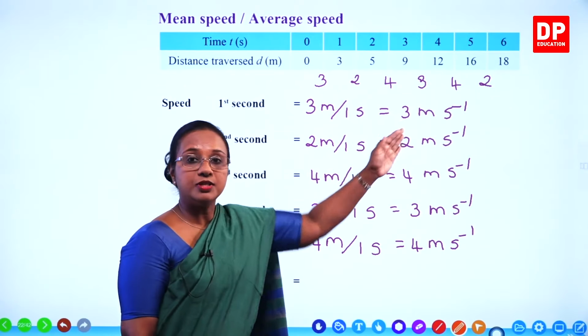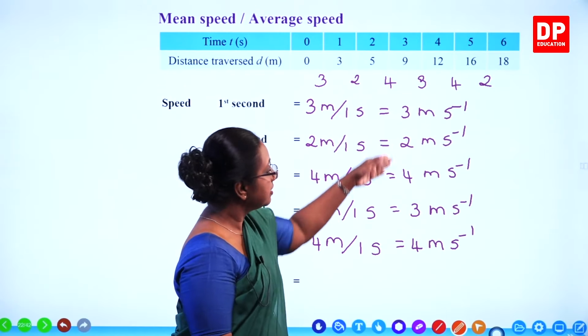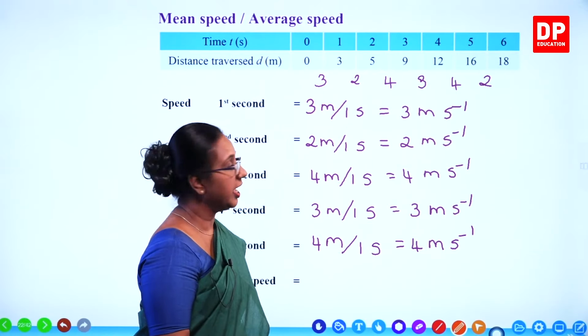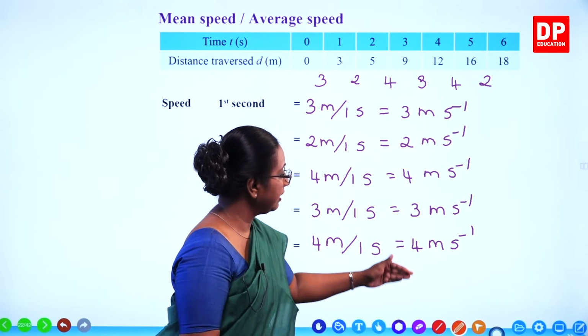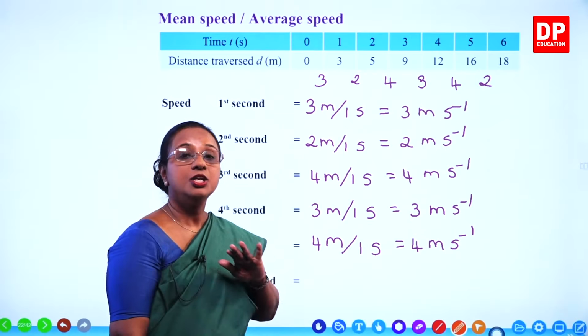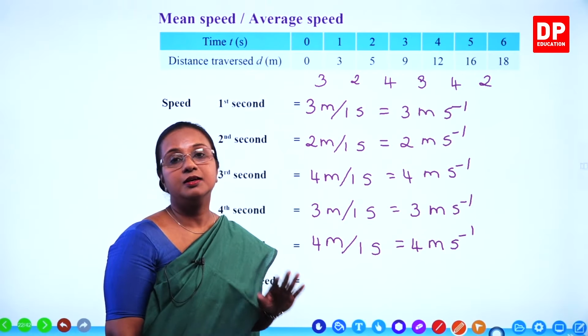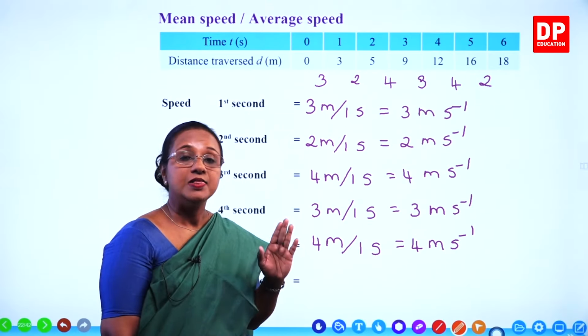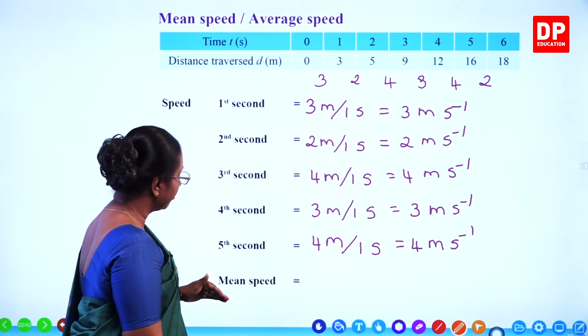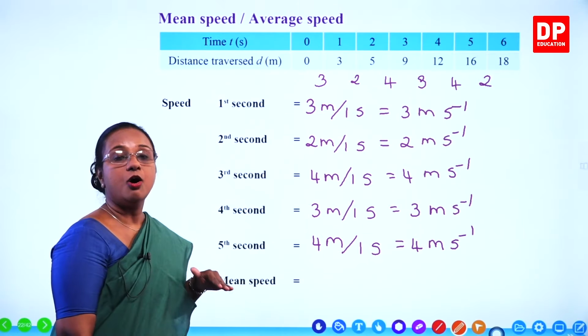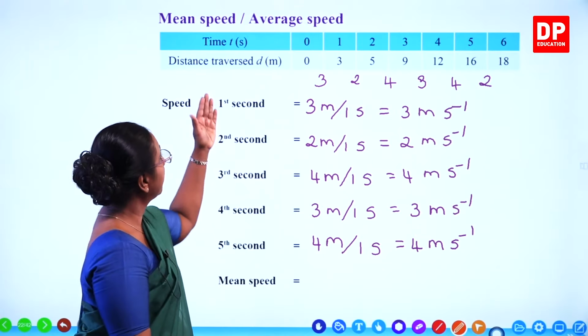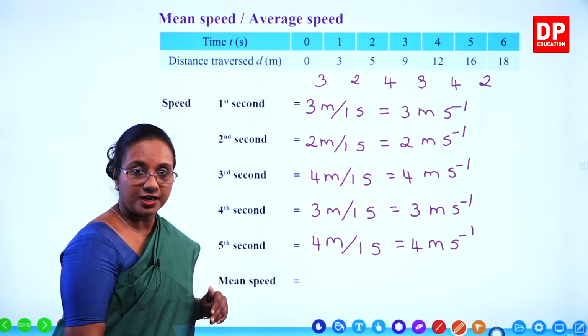So, according to the distance traversed, the speed also has changed: 3, 2, 4, 3, 4. So, this is not a uniform speed. Therefore, we can calculate the mean speed or the average speed for this particular object.